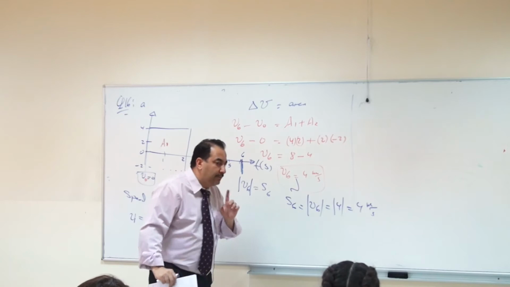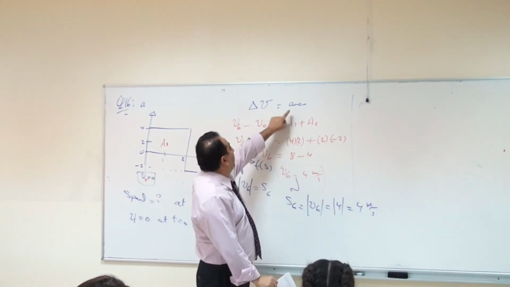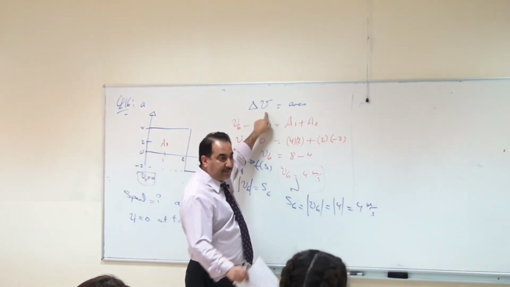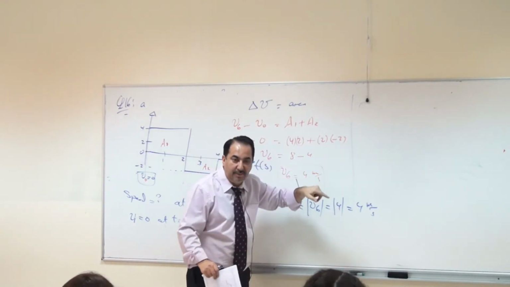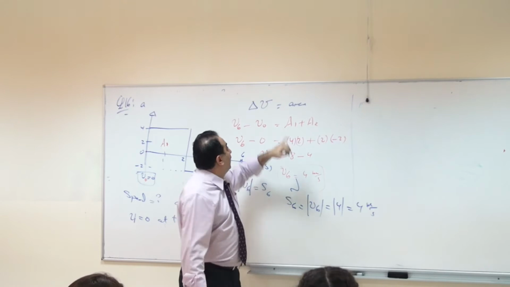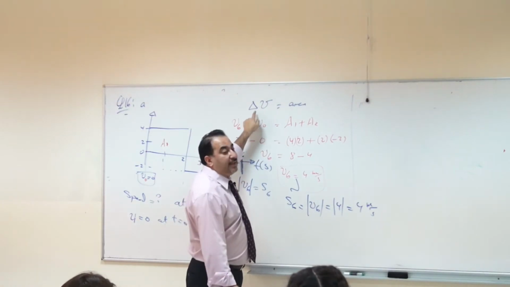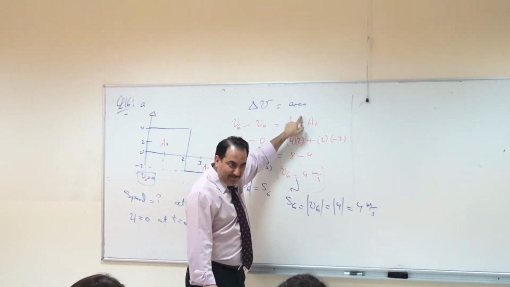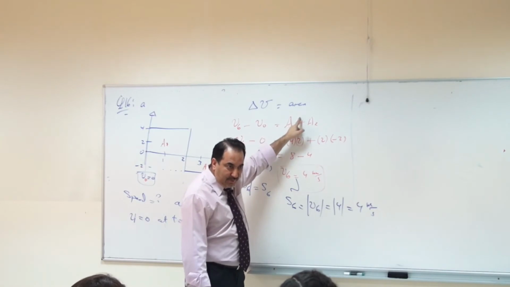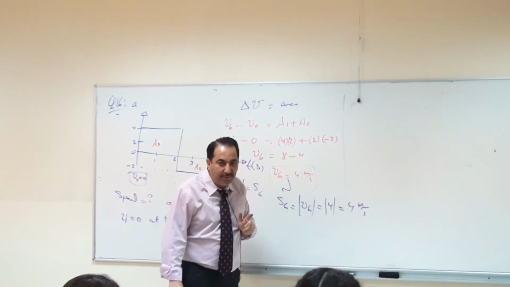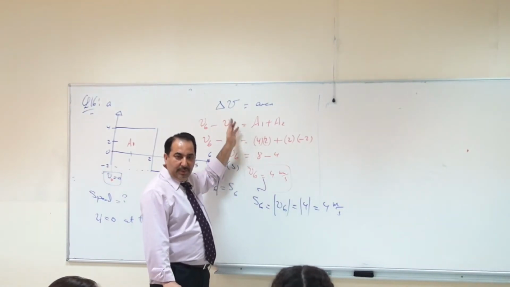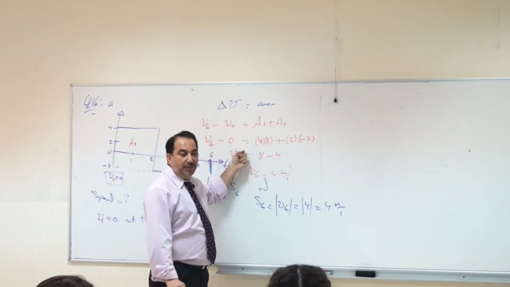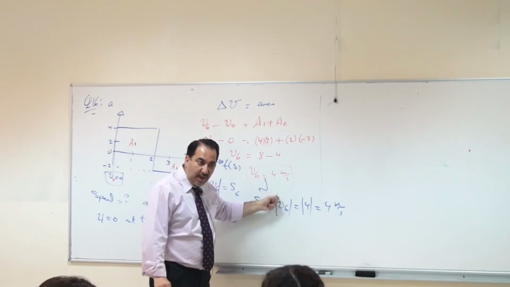No, this is wrong. Why? Area equal what? That's a good question. She said, why don't I put absolute in each area? It's not delta speed equal area. Delta velocity has a sign or not? So here it's not an absolute value, no. You're finding the change in velocity, and velocity has a sign.